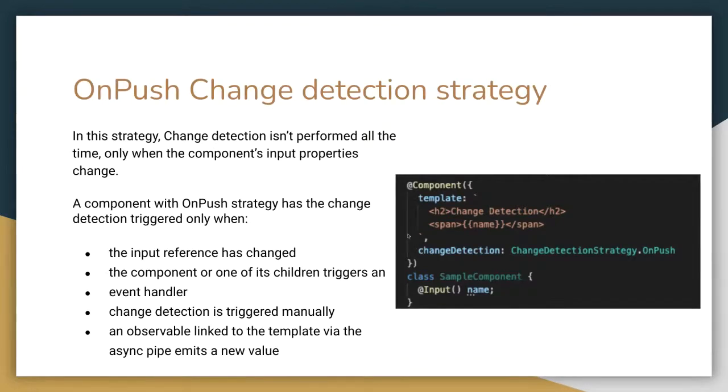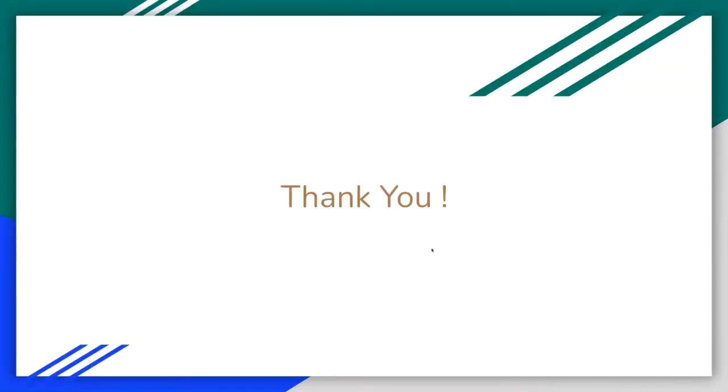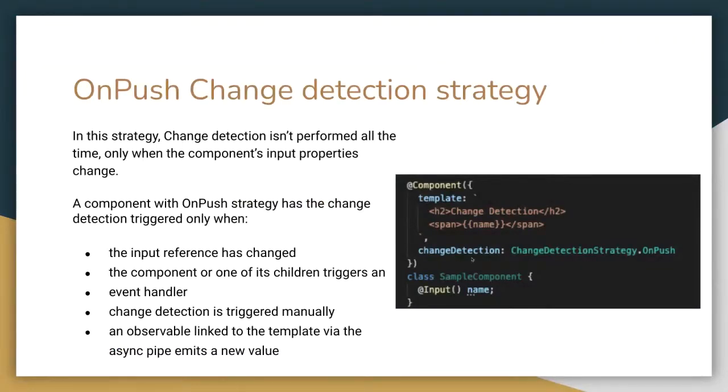So for a component, if you see in the image here, there is a change detection strategy which is OnPush. So whenever an event happens, this component and its child components won't be checked for any changes until and unless any of its input references has changed, or its child has triggered an event, or you manually go and trigger an event.